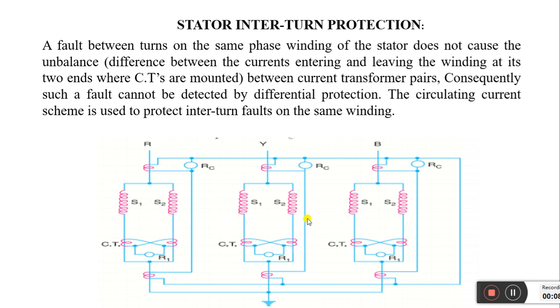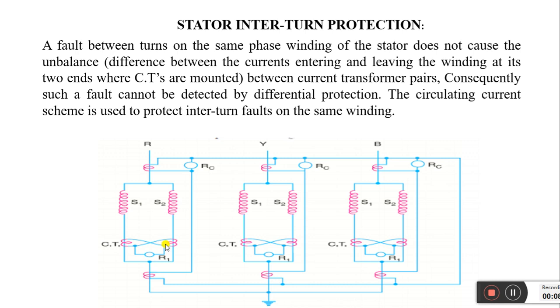But if there is a stator internal fault, the current flowing in the winding S1 and S2 will be unbalanced. It means the unbalanced current will be flowing through the secondary of the CTs, and because of this unbalance, the current will flow through this relay R1 also.